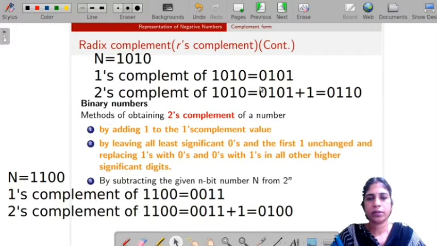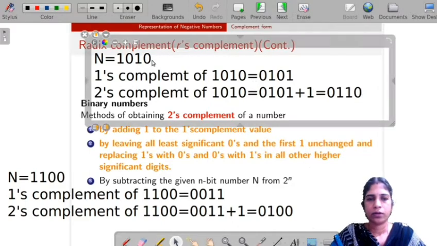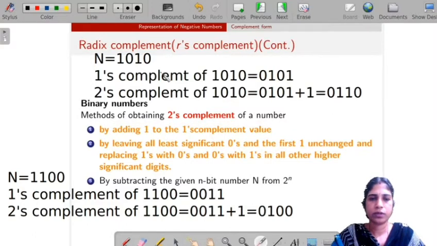Another method is to scan from the least significant digit of the given number for a non-zero value. We scan from the rightmost digit to the left and find the first one.